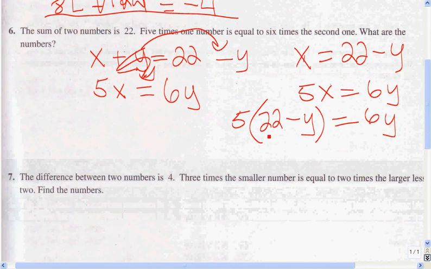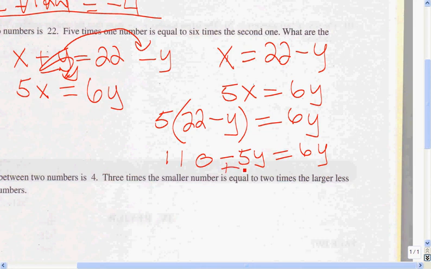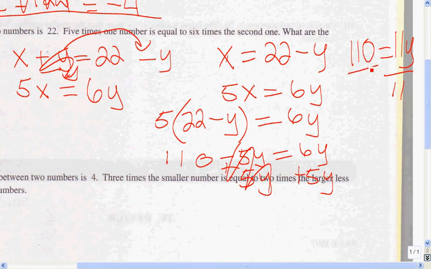5 times 22 is 110. And 5 times y is negative 5y equals 6y. Okay. All right. So I'm going to add 5y to both sides. And what I get is 110 equals 11y. Divide both sides by 11.